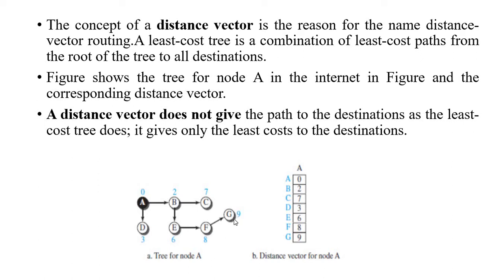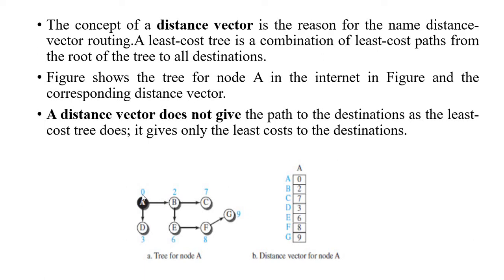So this is the cost value taken in making a link. For example, when we want to connect node A and node F, what is the cost value taken? That is 8. The cost value taken to send a packet from A to B is 2. The cost value to relay a data packet from B to E is 6.